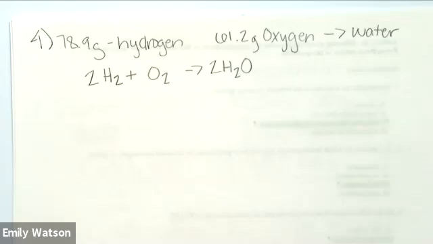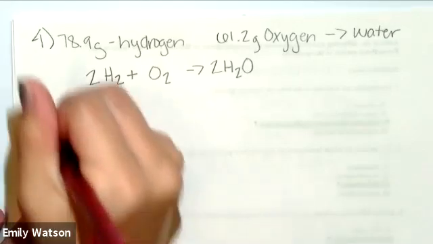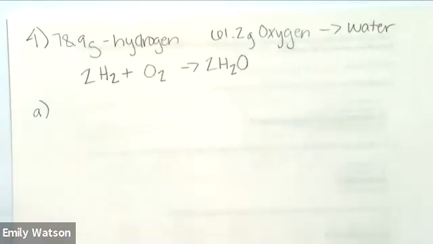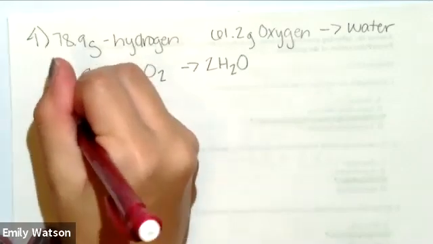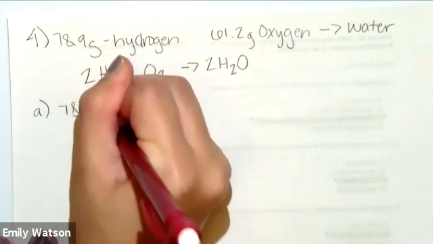So then part A, which reactant is the limiting reagent? How are we going to find this? Yes, okay. So let's start off with hydrogen. We have 78.9 grams of H2.